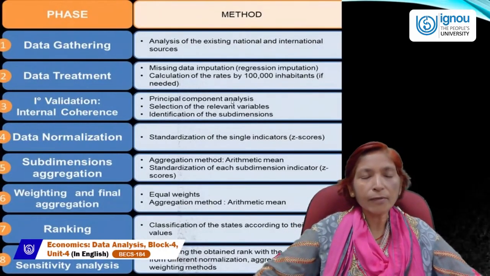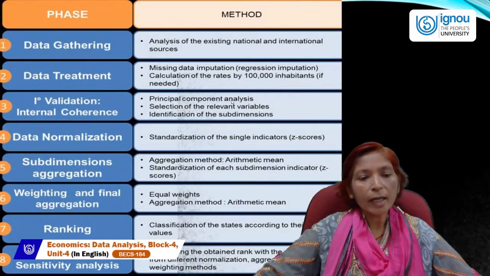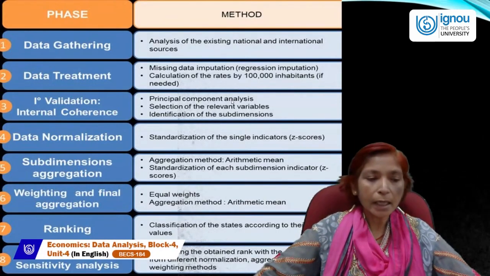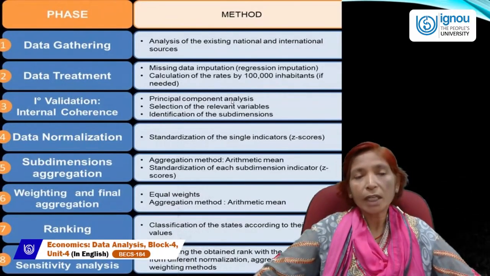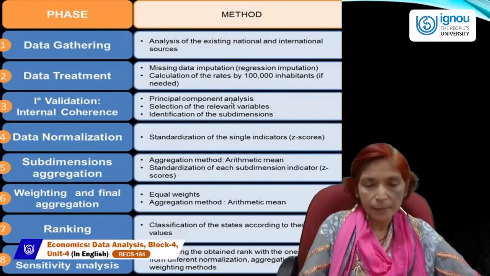So these are the different phases: data gathering, data treatment, internal coherence, data normalization, subdimensions aggregation, weighting and final aggregation, ranking, and sensitivity analysis, and various methods which we can use for these phases.